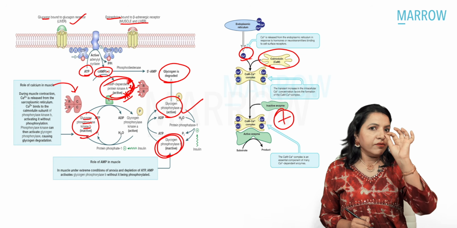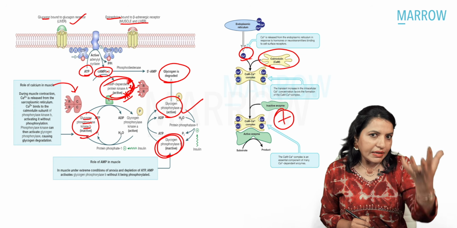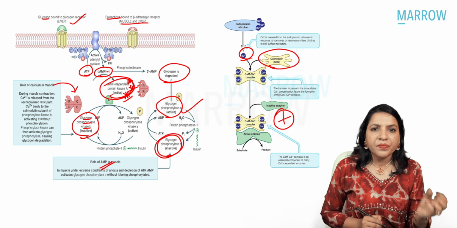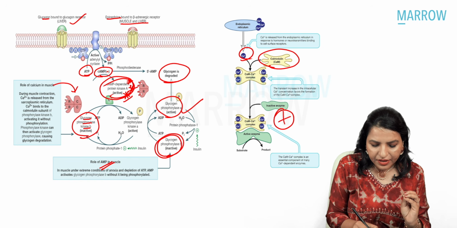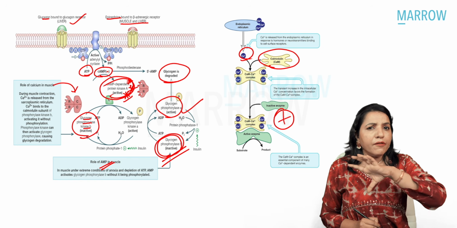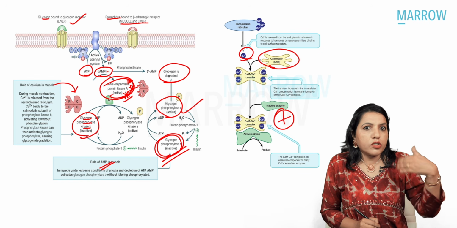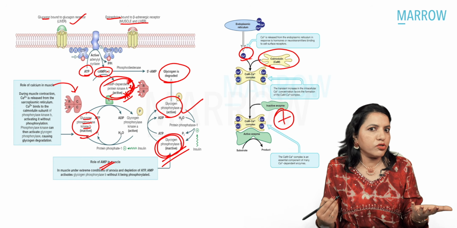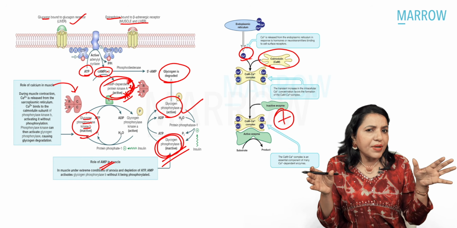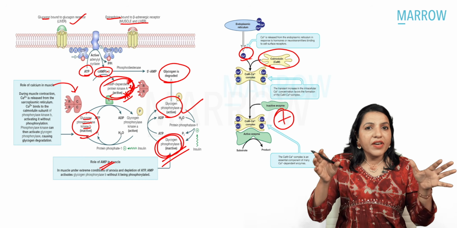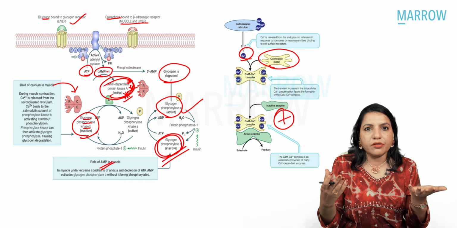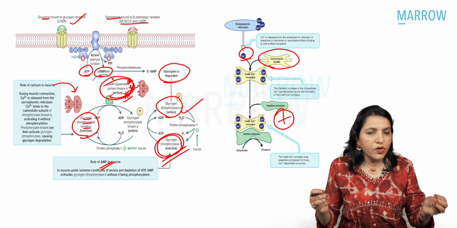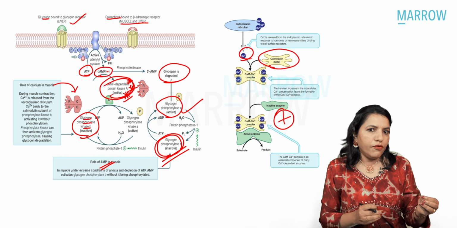Apart from that, we should also understand there is another molecule called adenosine monophosphate, that is AMP. This AMP can activate glycogen phosphorylase without it being phosphorylated. See, all these are kinases, which means they are phosphorylating glycogen phosphorylase. But AMP is a different mechanism where it can convert glycogen phosphorylase to the active form without phosphorylating it.